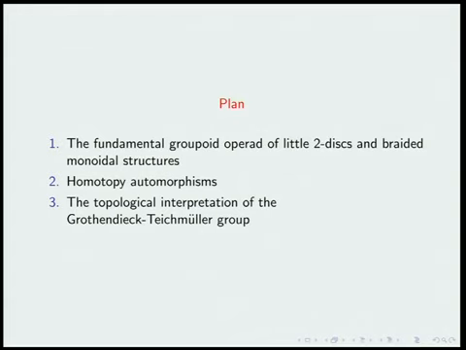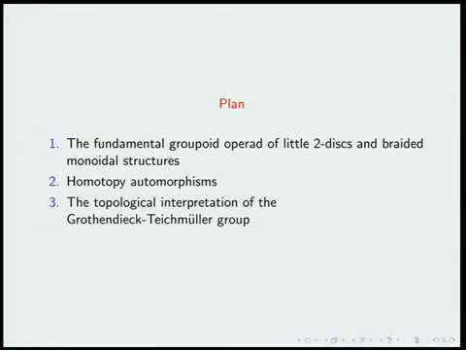Okay, so the plan is the following. I will go back to the little disk picture. In the first part I would like to give some kind of recognition criterion for E2 operads, which is specific to the E2 case. This recognition criterion is given in terms of the fundamental groupoid of this operad.